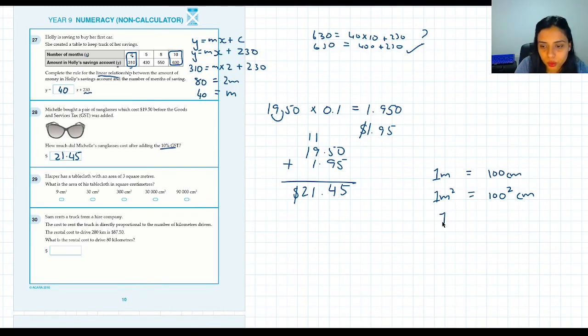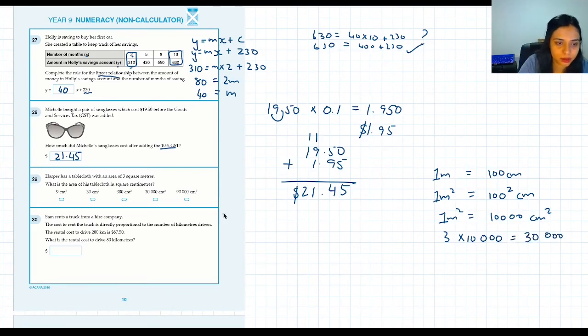So in other words, 1 meter squared is the same as 100 times 100, which is 10,000 centimeters squared. So 3 meters squared will be 3 times 10,000 centimeters squared, which is 30,000 centimeters squared.